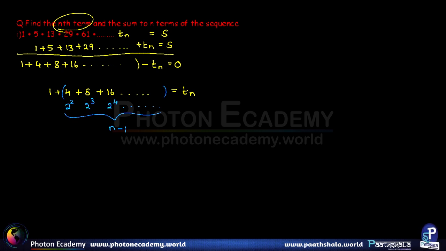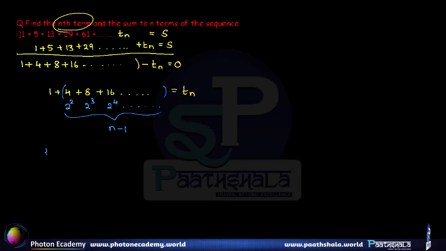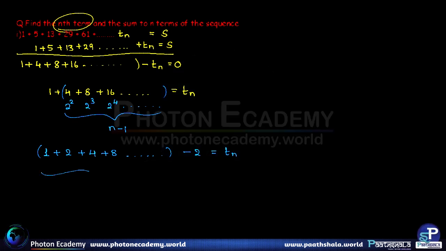So what we do to complete the sequence is we write 1 plus 2 plus 4 plus 8, and this will go on. So we have added a 2, so we will have to subtract a 2, that is equal to Tn. So first we had n minus 1 terms, now we will have n plus 1 terms, because we are including 1 and we have added 2, so that is 2 extra terms.